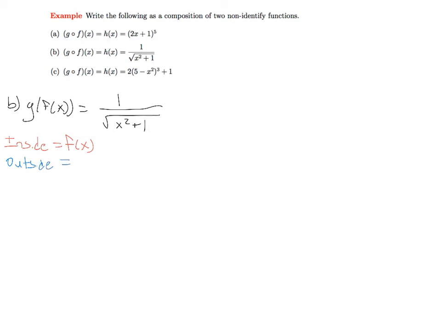So it's important that this order does matter. And one way that I could break this down is by taking this function and seeing that first we evaluate the square root of x squared plus 1, then take the reciprocal.